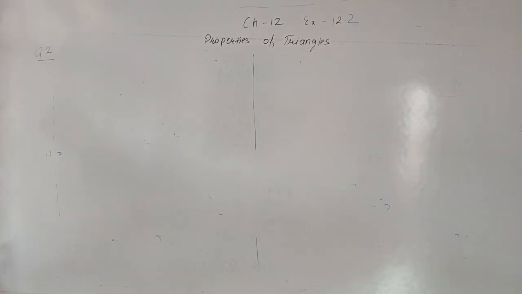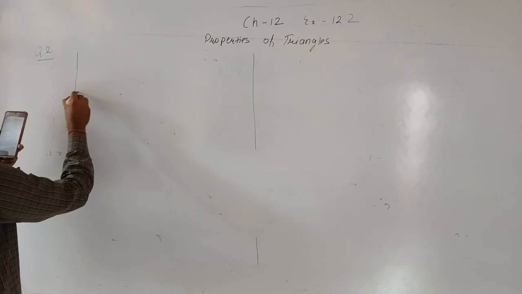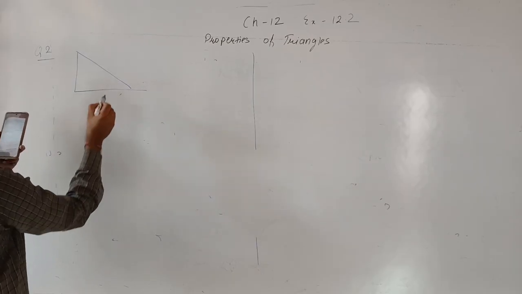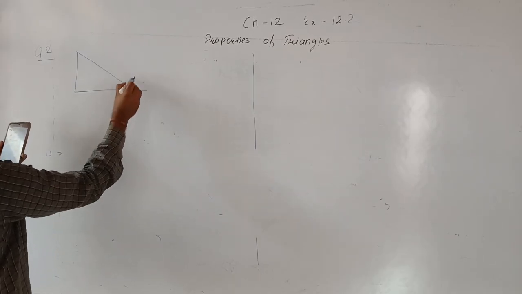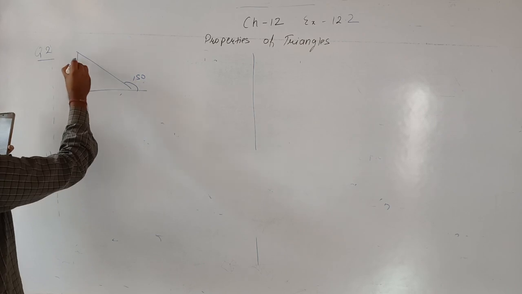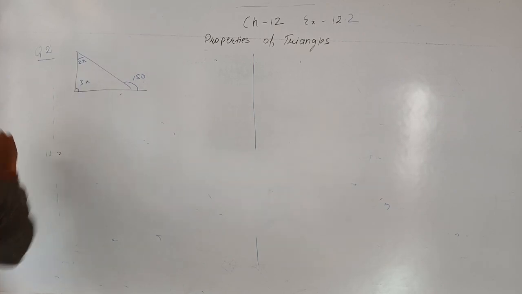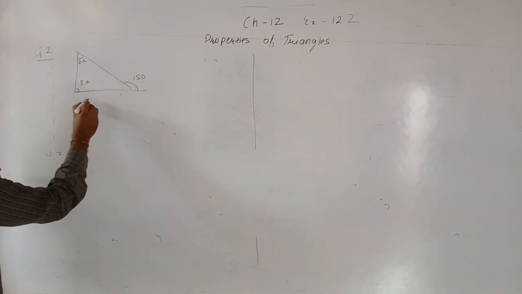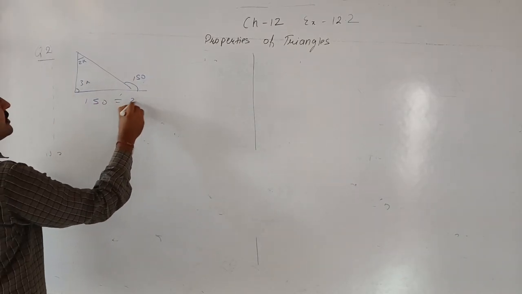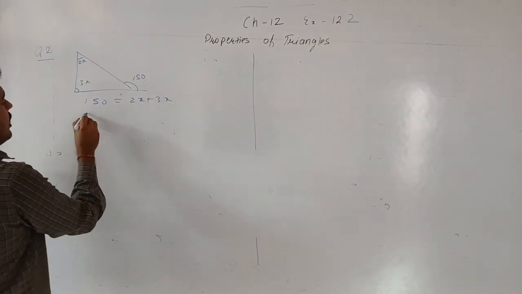Now we will move to the next question. So next triangle, exterior angle is given as 150 degrees and interior opposite angles are given as 2x and 3x. Therefore, again 150 is equal to 2x plus 3x.